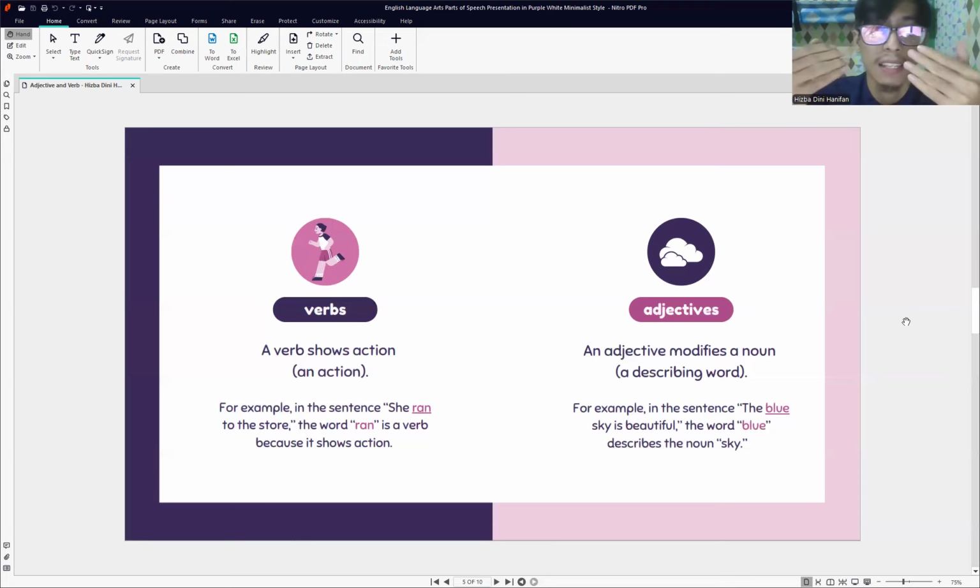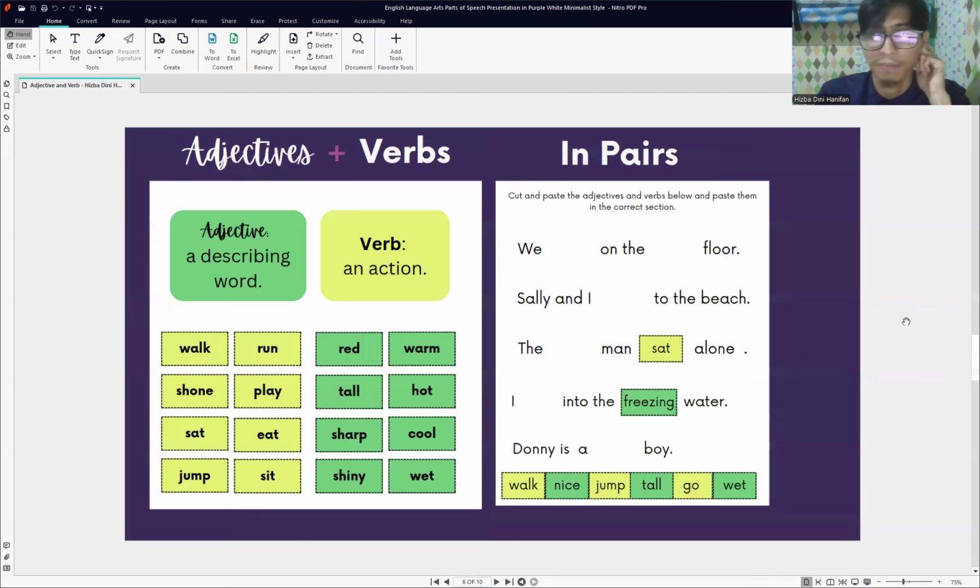So the sky is blue. The sky is beautiful. See? Simple, right? The definition of verb and adjective. Alhamdulillah, thumbs up for you. You got the very first main objective. Any question before we move on to the next slide? No. Thank you. Stay paying attention.